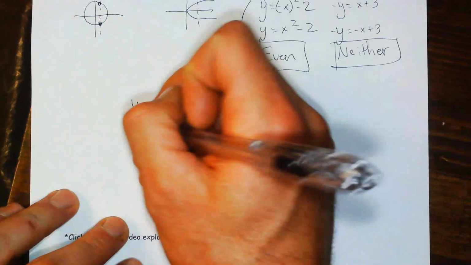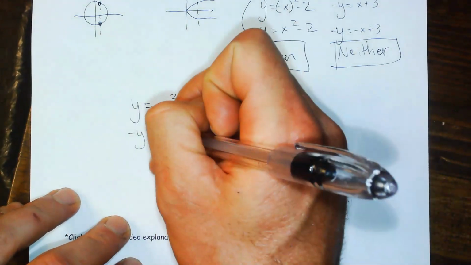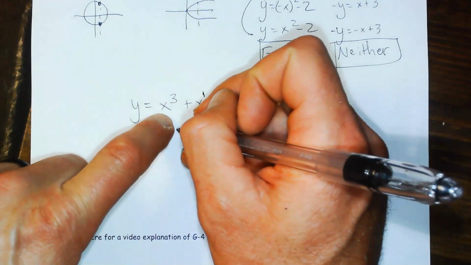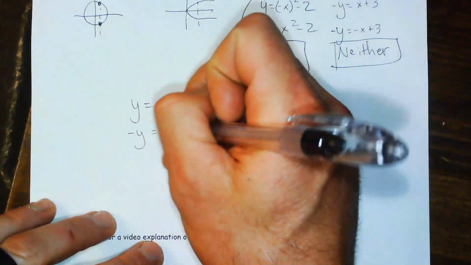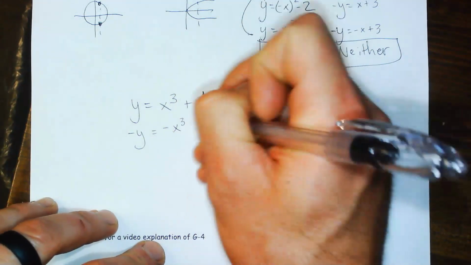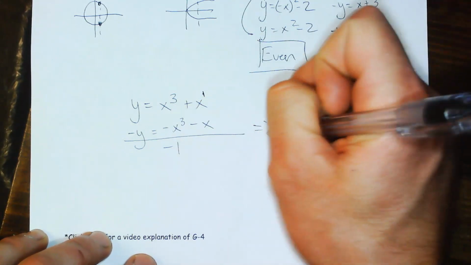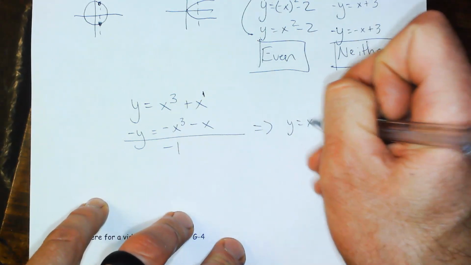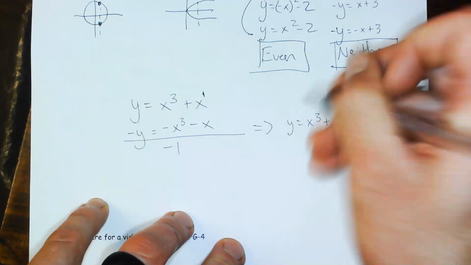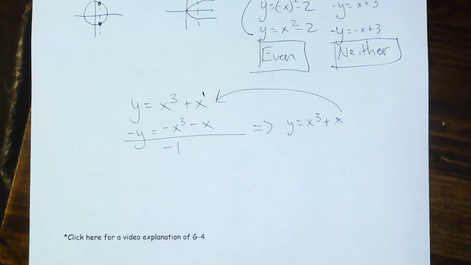And if I plug in negatives, negative y equals, if I cube a negative x, I end up with negative x cubed minus x. And then if I take all this and divide by negative 1, that would give me y equals x cubed plus x, which matches the original function that I was given. So that tells me that this function is an odd function.